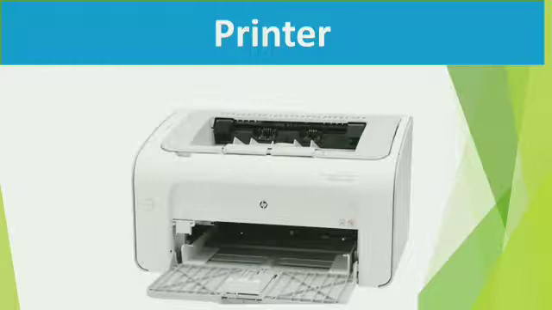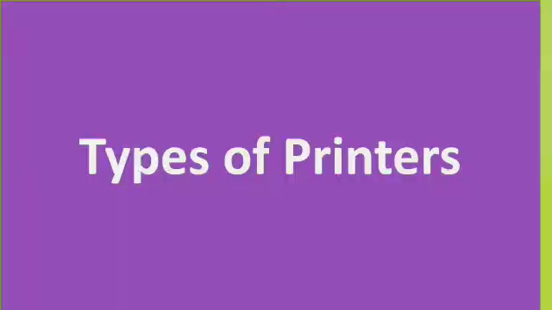Printer. A printer is an output device used to print the documents and pictures on a paper, students. The data from the computer is printed on that paper, which is also called the hard copy.